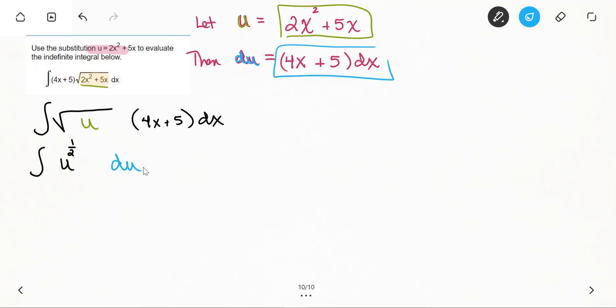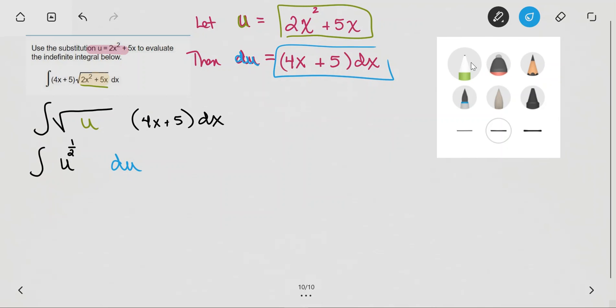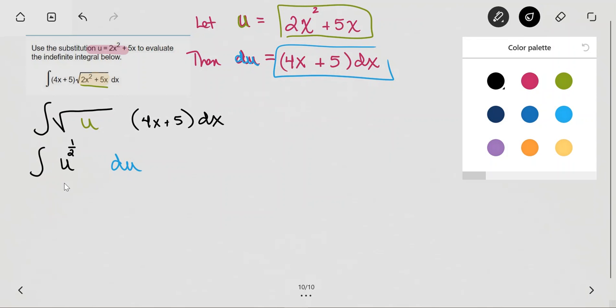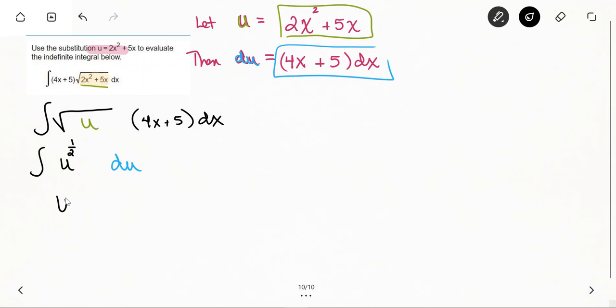Now we've got something that falls nicely into our power rule. And so if I integrate U to the 1/2, I'd have U to the 1/2 plus 1. That's 1/2 plus 2 halves, or in other words, 3 halves, over 3 halves.